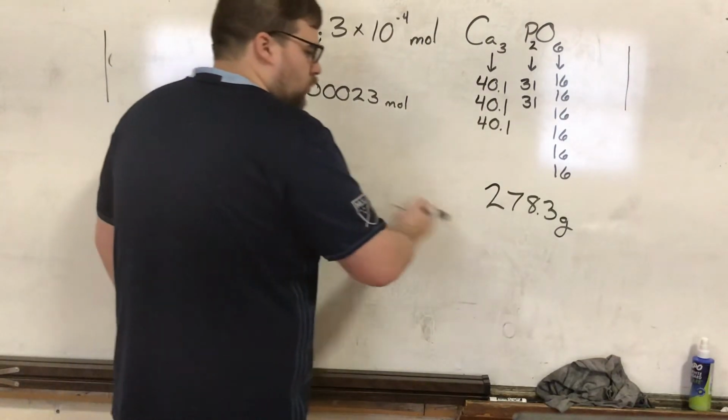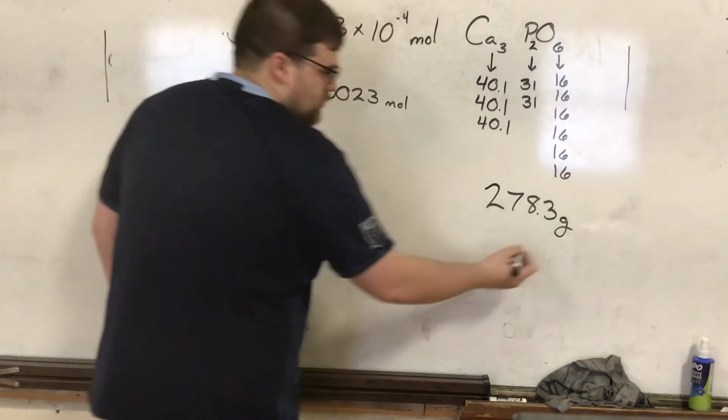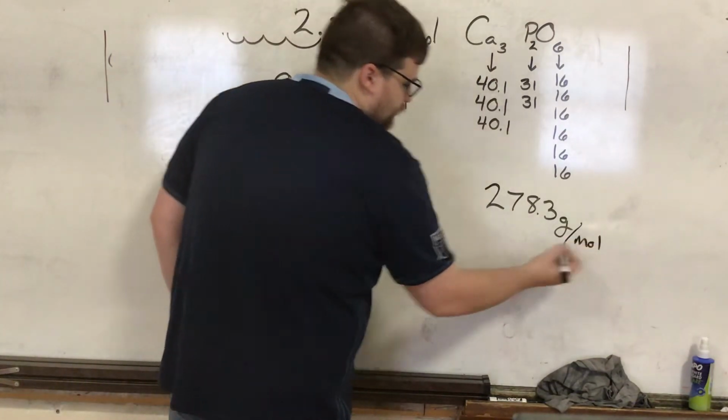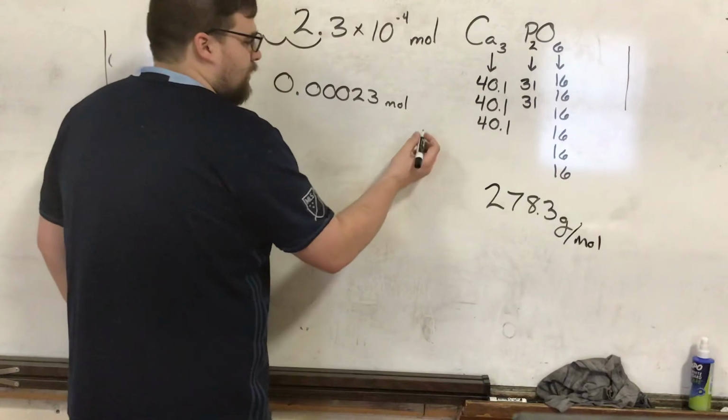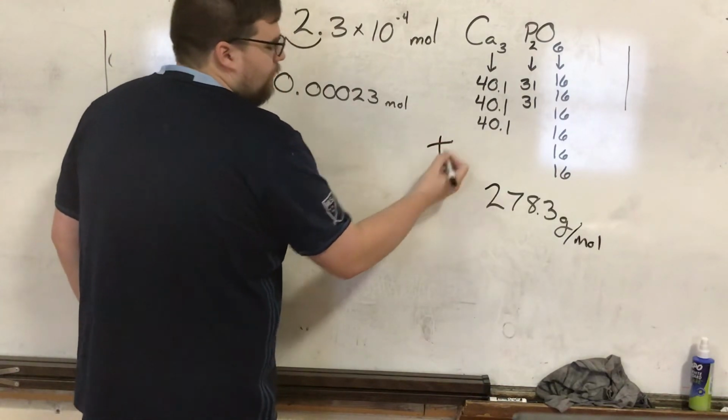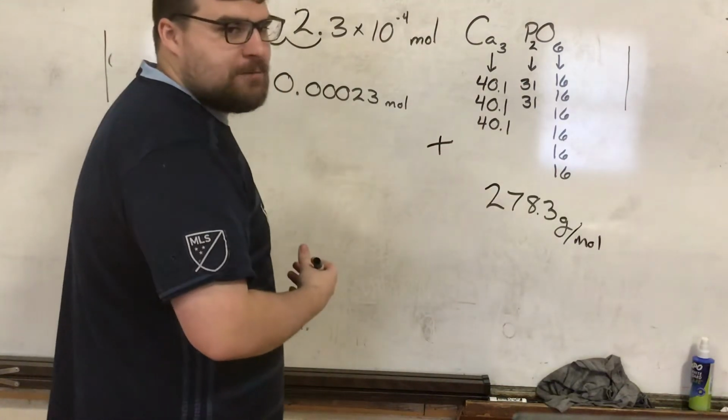So if we know the moles, we know how many grams are in each mole, then we can multiply these numbers. I'm too lazy to write them again.